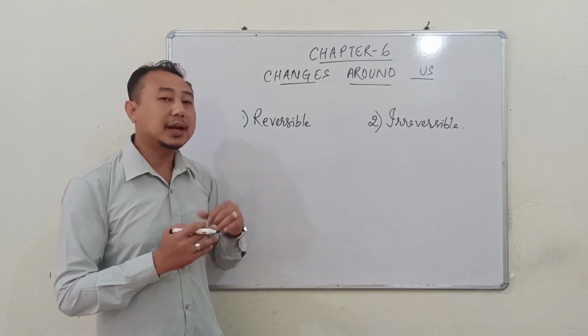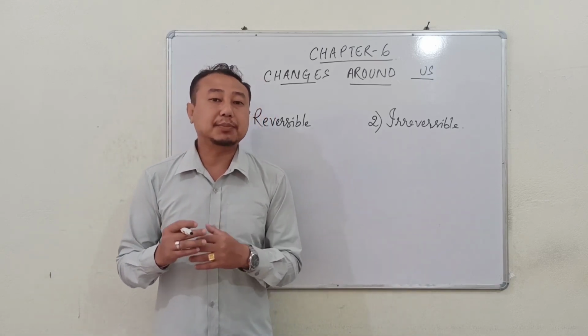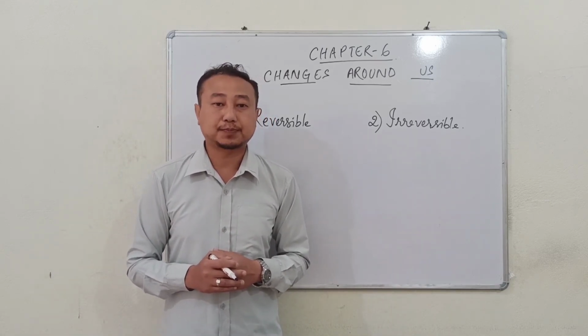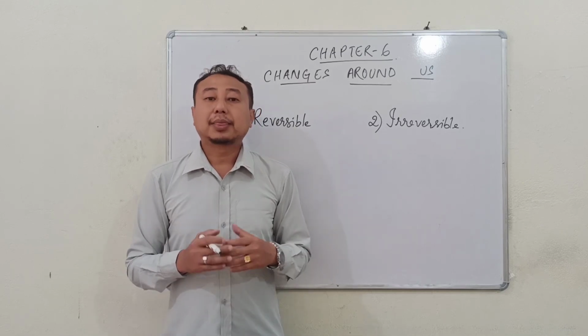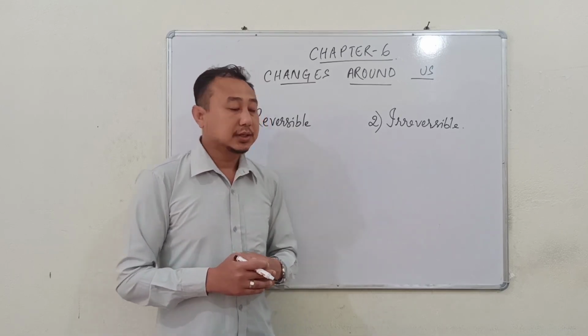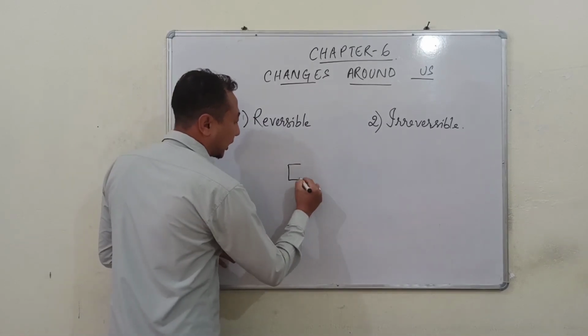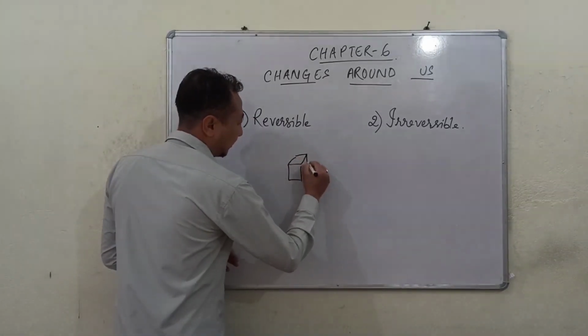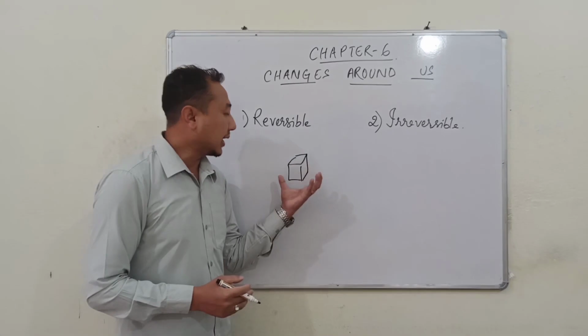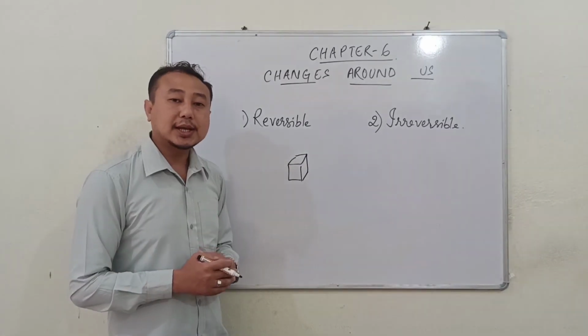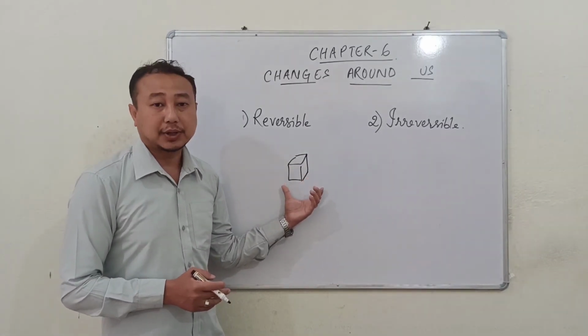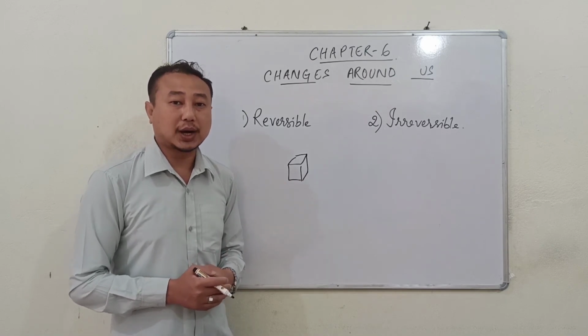Like that, there are many other changes that can be considered reversible changes. Let us take, for example, the melting of ice. Suppose we take a cube of ice and keep it in the open air. Slowly, the ice melts down and changes into the liquid form of water.